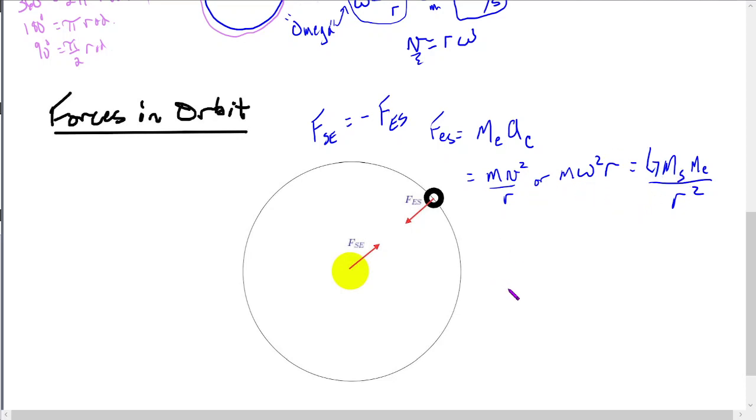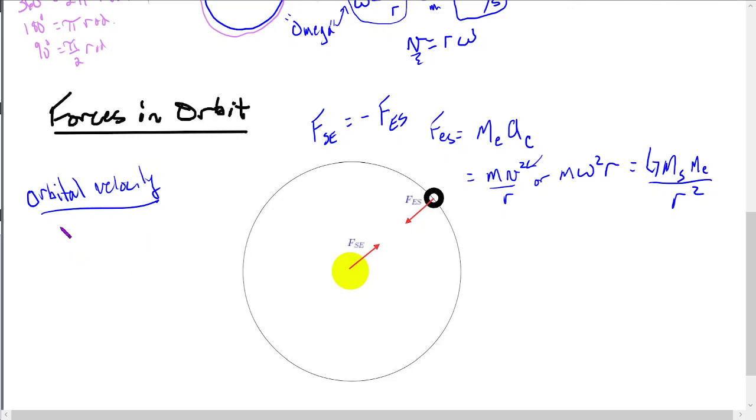So, if we want to find our orbital velocity of any object, we need to solve this equation for v. How fast do we need to move in an orbit, or how fast is an object traveling in an orbit at a particular distance?